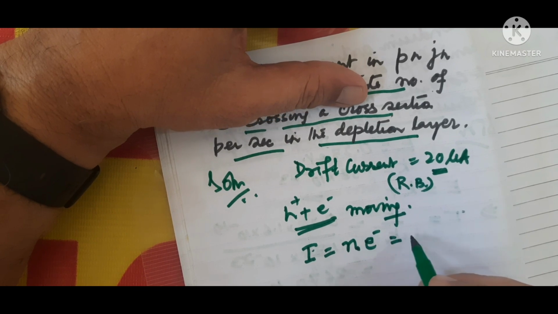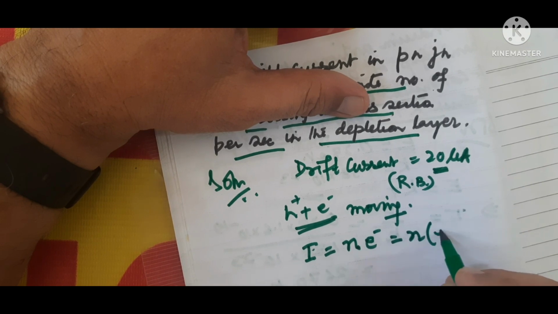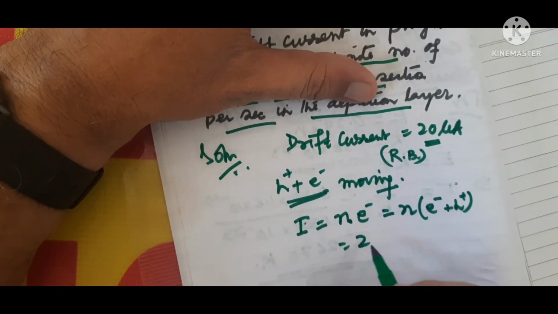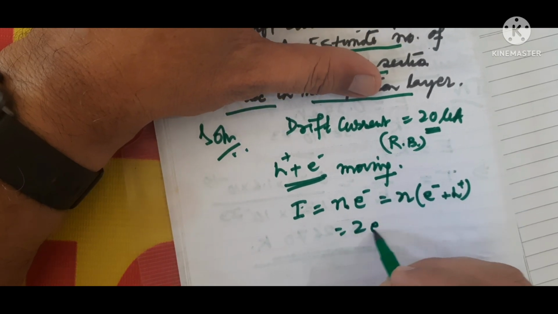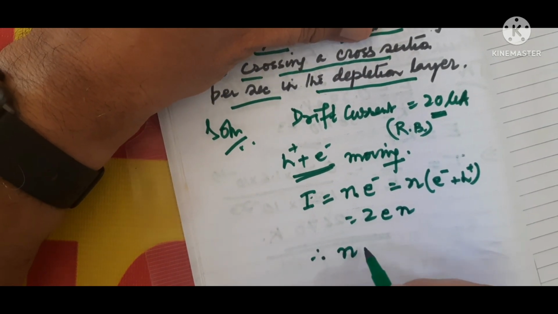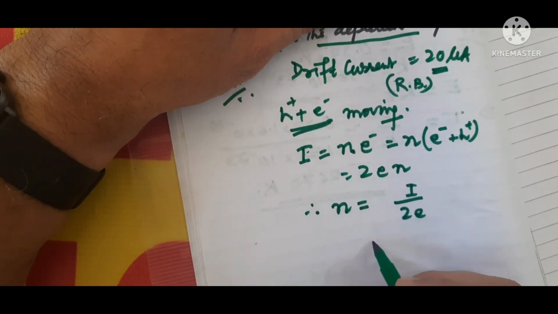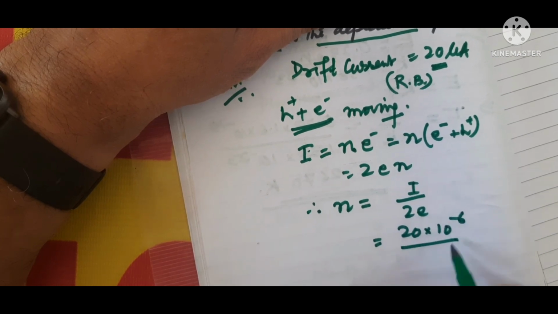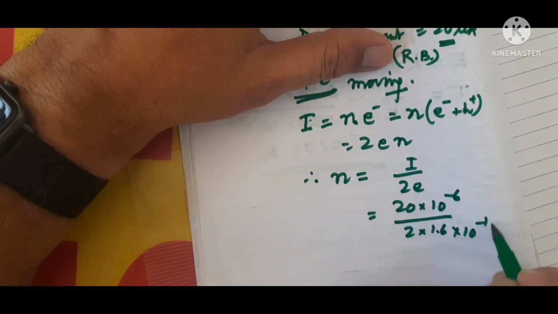Here the charge carriers are both electrons and holes, and both are equal, and holes have the same charge as the electron, so twice E into N. Therefore the number of charge carriers will be I by twice E. I is given as 20 into 10 to the power minus 6, divided by twice E, 1.6 into 10 to the power minus 19.